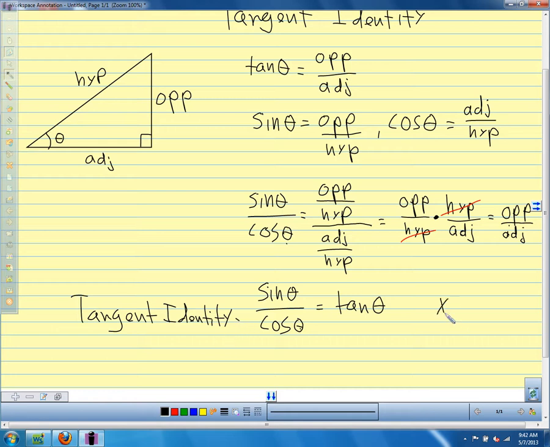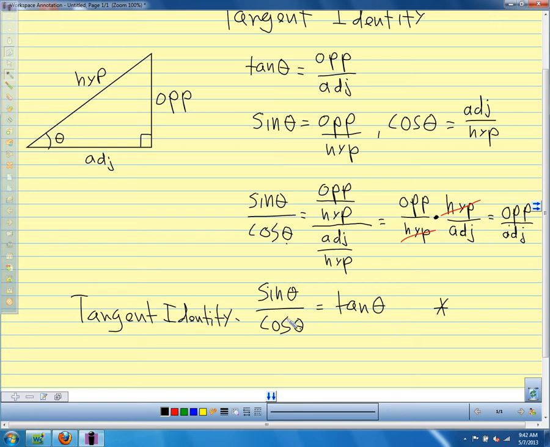And this is probably one of the most important identities in not just in trigonometry but in all of math. This identity shows up in all kinds of places. For any angle, the sine of the angle divided by the cosine of the angle equals the tangent of the angle.